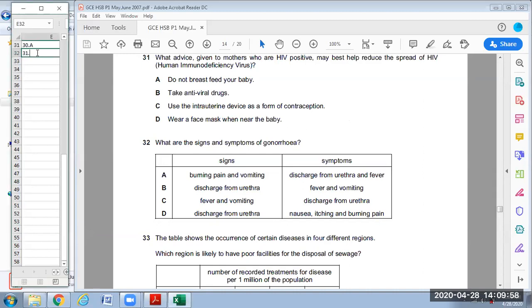31. What advice given to the mothers who are HIV positive may best help reduce the spread of HIV, human immunodeficiency virus? A. Do not breastfeed your baby. Very good. 32. What are the signs and symptoms of gonorrhea?